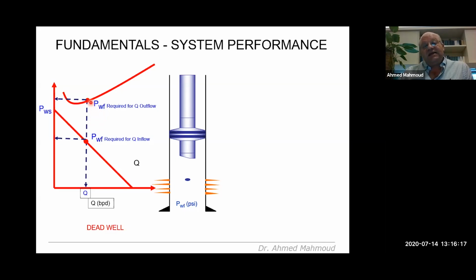Your role is to find methods to compensate for this delta P to get these two curves, inflow and outflow, to intersect. And it's up to you. There are ways you can do this where you start moving outflow or you can start moving inflow, but we need them to intersect to be able to get a well flow.